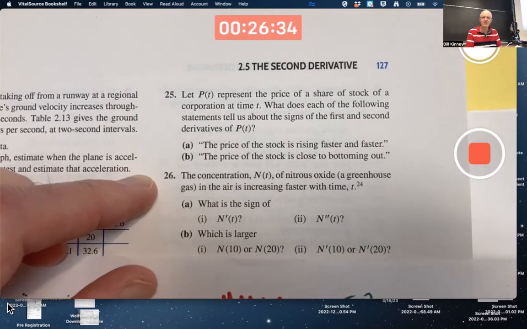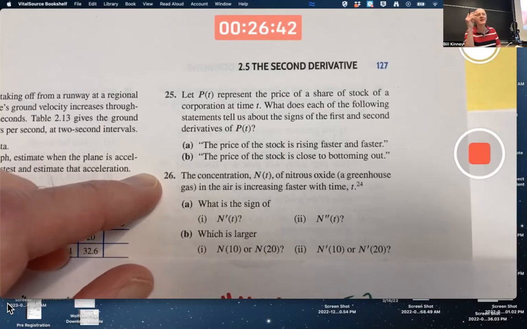26, concentration of nitrous oxide. Isn't that laughing gas? I think nitrous oxide is laughing gas. Oh, another funny story. So the first time I had a cavity, I've had hardly any cavities in my life, like 2 or 3, as opposed to my wife's had like 15. First time I had a cavity, though, I had it filled. The dentist gave me laughing gas.